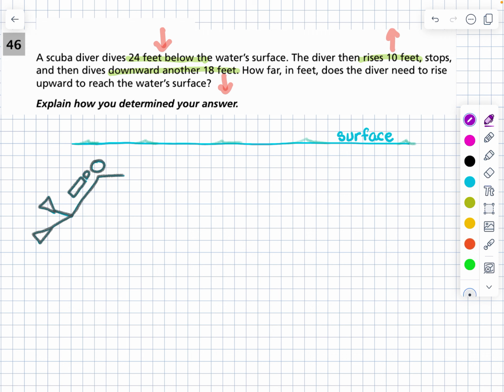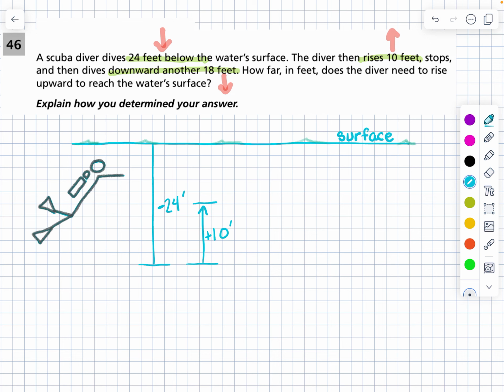Okay, so let's start just by drawing this out. You don't have to do this part. I just kind of like drawing it. It gives me a better idea what's going on. So they go down 24 feet, so it's minus 24 feet. And then they rise 10 feet, so they're sitting right here. And then they're going to go back up 10 feet to here. That's 10 feet, and that's plus.